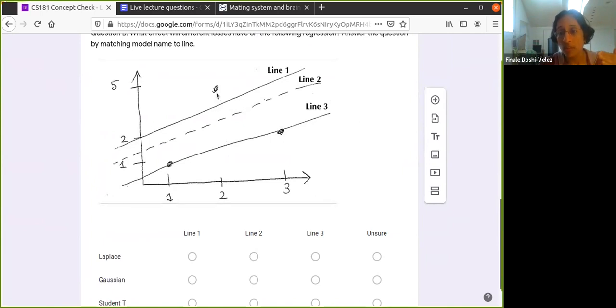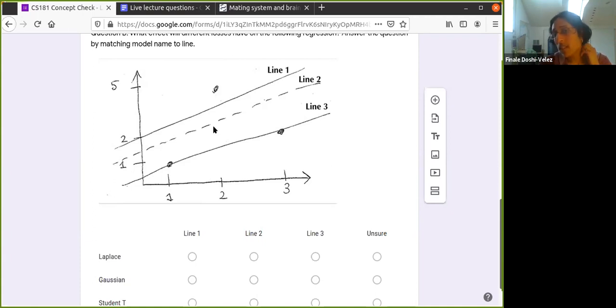Again, this is conceptual. So if we move away from line 3 toward line 1, we're increasing 2 errors, but only decreasing 1. And Laplace says, hey, I don't like that because I'm increasing 2 absolute value terms a bit and only decreasing the other one by a bit. It doesn't care how far away you are, because it's just taking the total magnitude of the errors.